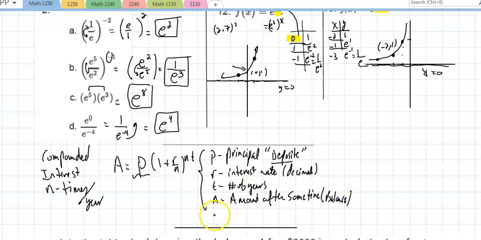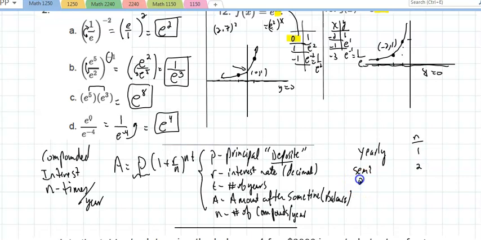And n is the tricky part. n is the number of compounds per year. That is, if they say yearly, well, how many years are there in a year? There's one. If they say semi-yearly or semi-annually, then you break the year into two.